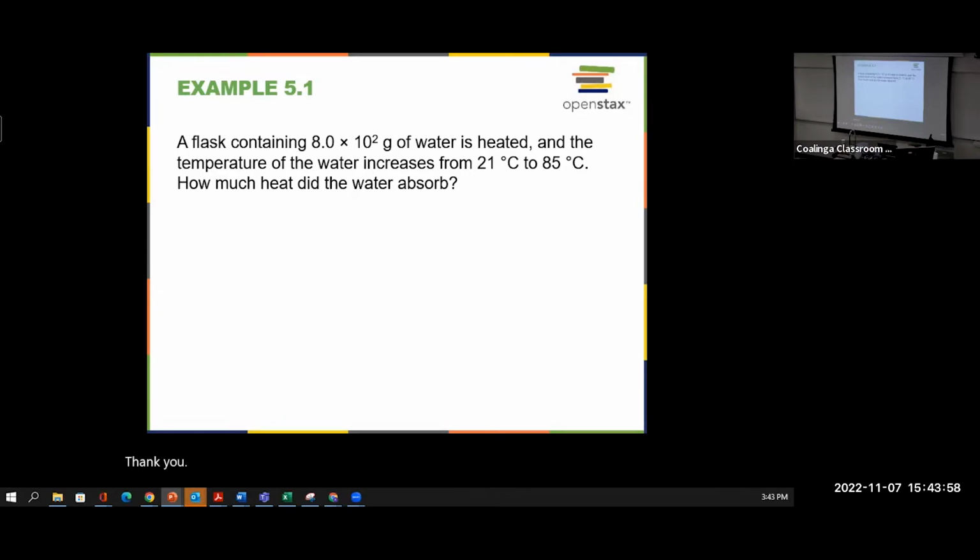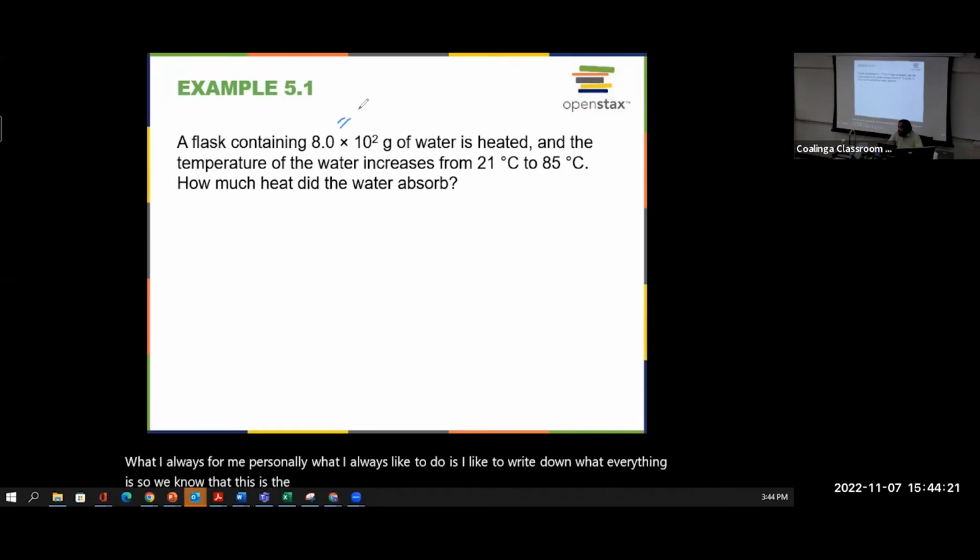Okay, we got some answers, right? What I always like to do, for me personally, is write down what everything is. So we know that this is the mass, right? So that's going to be my m.